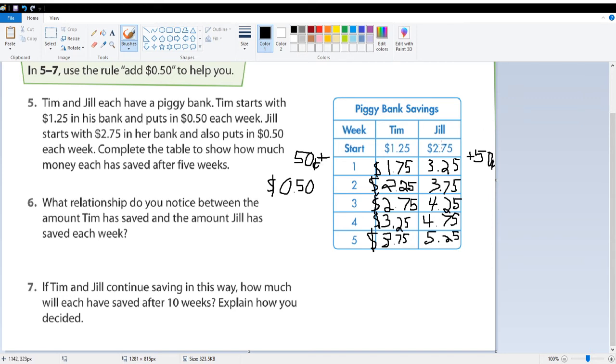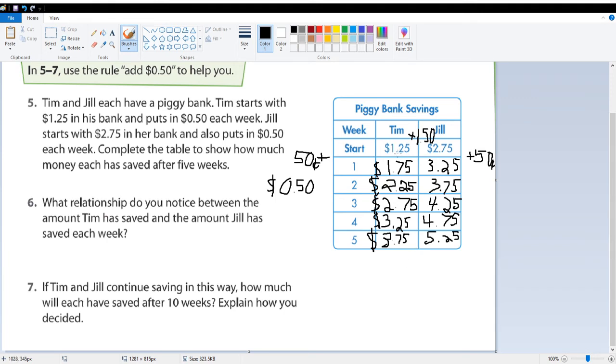And one thing that we can do, since we know that Jill always has $1.50 more, is figure out Tim's and then just add $1.50. Or we could figure out Jill's and subtract $1.50 to get Tim's, right? So that's one way where we don't have to do all of it.